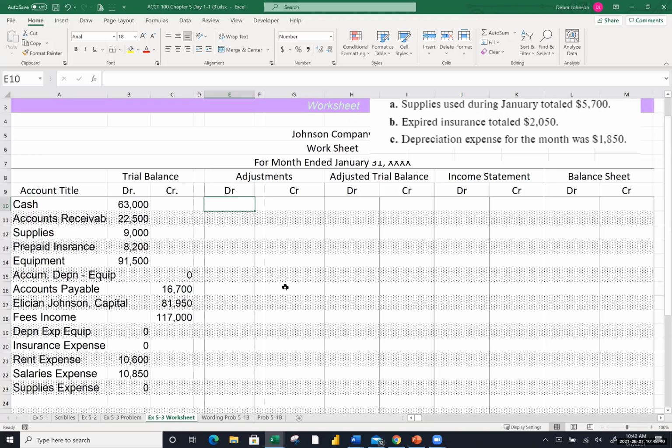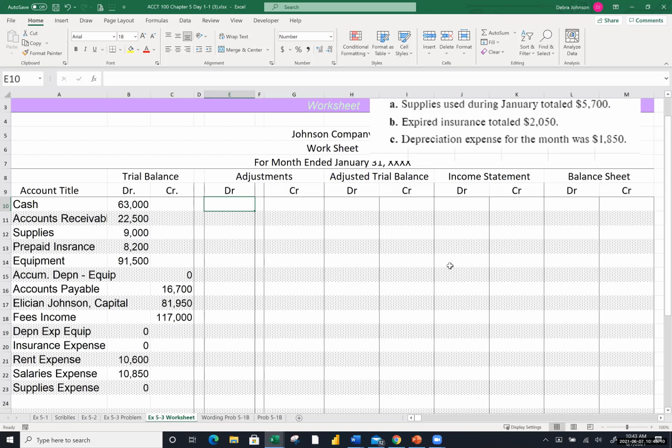We're going to drop in similar transactions, and then we're going to do this 10-column worksheet that's going to give the owner a preview of what his or her financial statements look like, even before we do formal financial statements. It's internal. That means it doesn't leave our desk. We don't send this out to the bank. We don't send it to our creditors. We don't send it to the IRS.